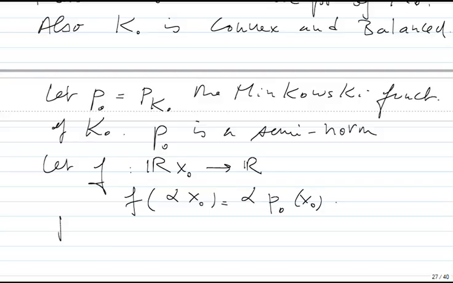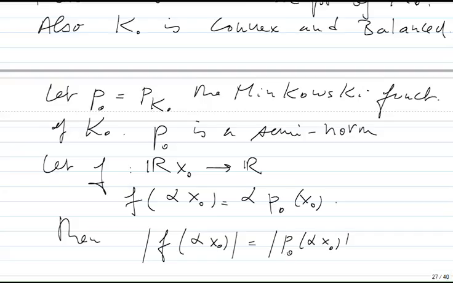Then the absolute value of F of alpha x0 is equal to the absolute value of alpha P0 of x0, which is P0 of alpha x0.